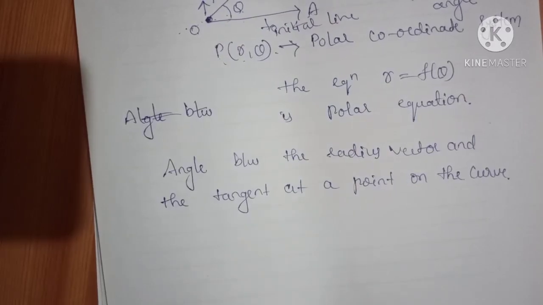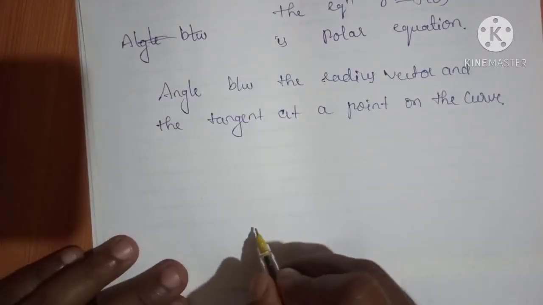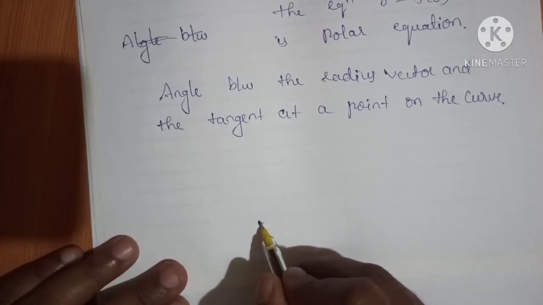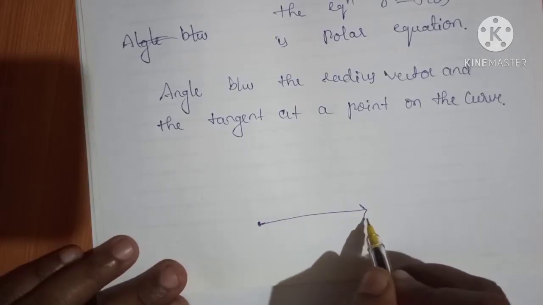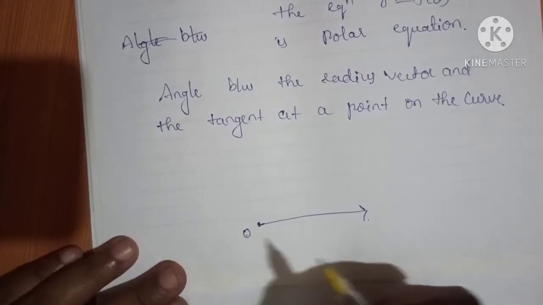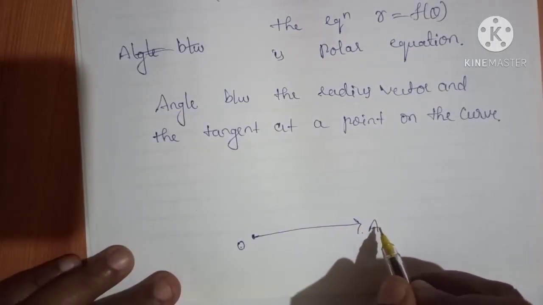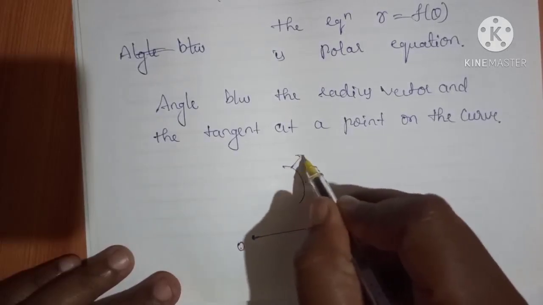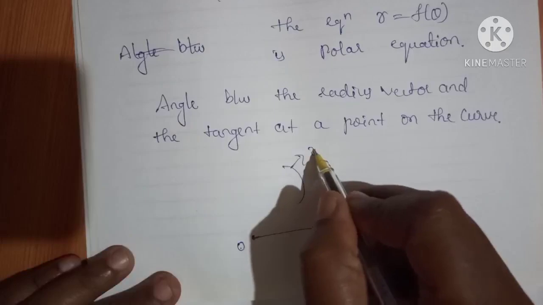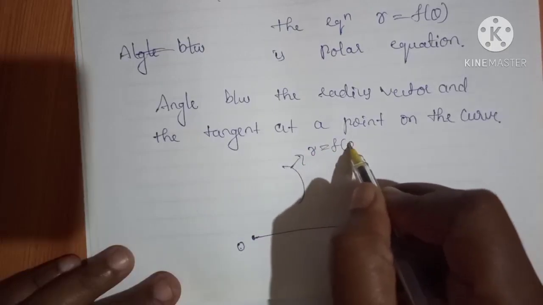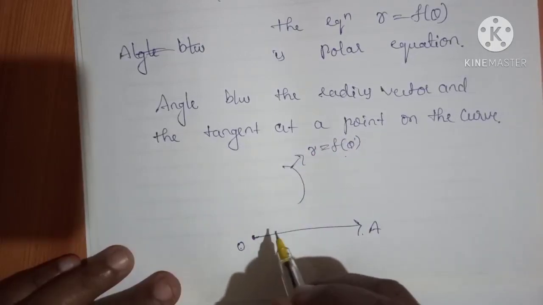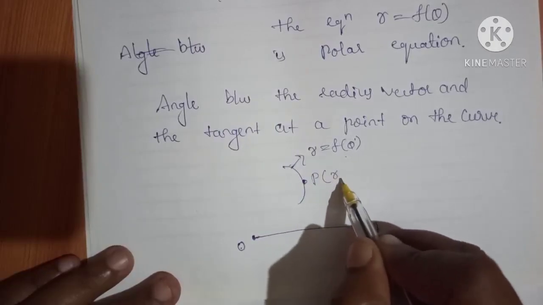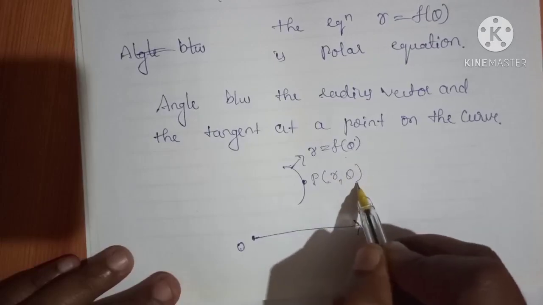Let O be a fixed point and OA be a fixed line. Consider a curve whose equation is r equals f of theta. Next, consider any point P on this curve, denoted by r comma theta.